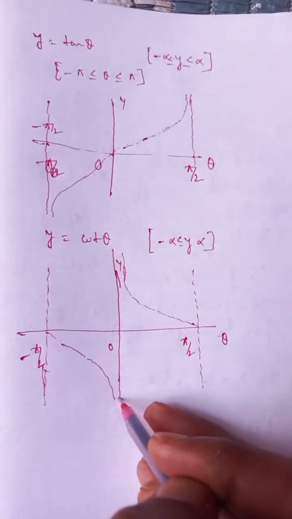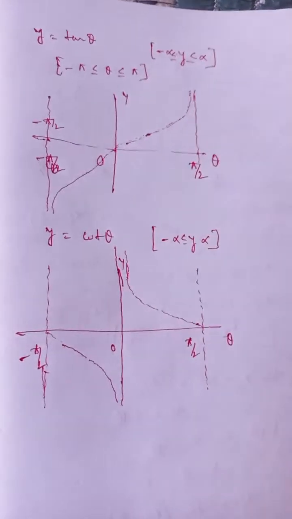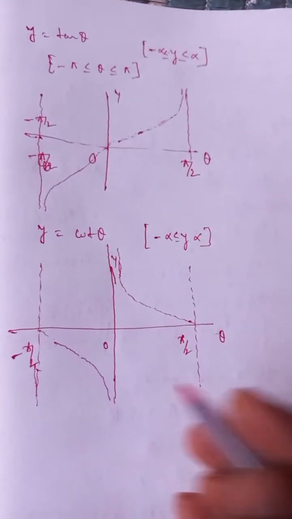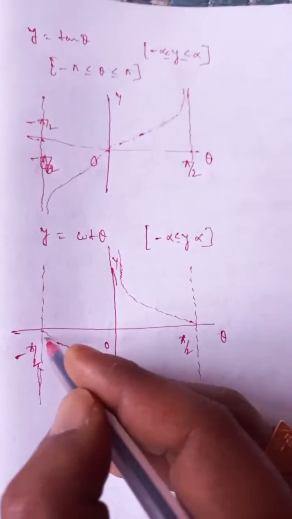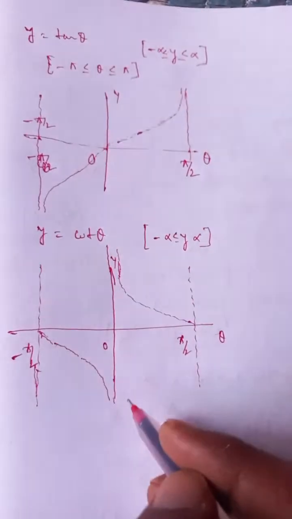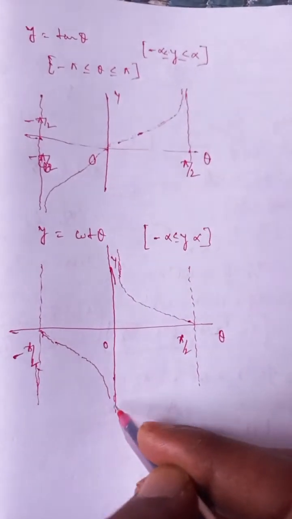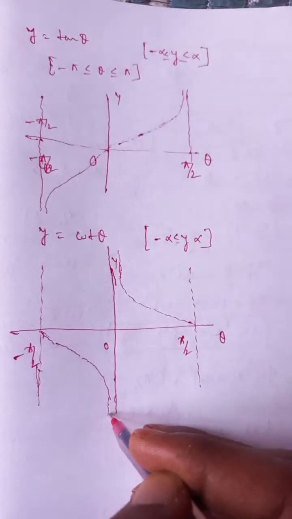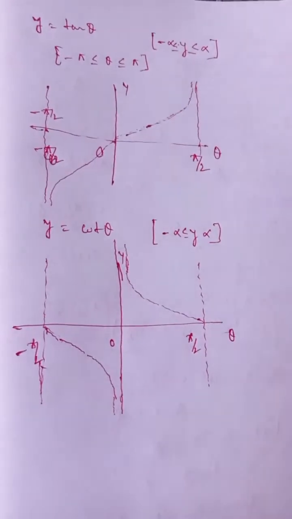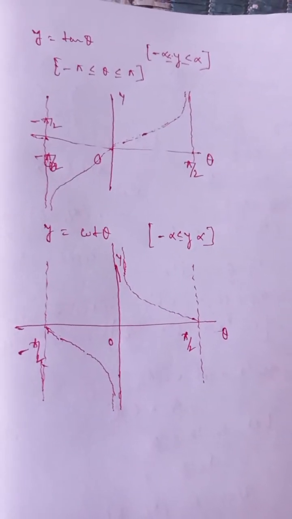This is for the first and fourth quadrant. This is y equal to cot theta.